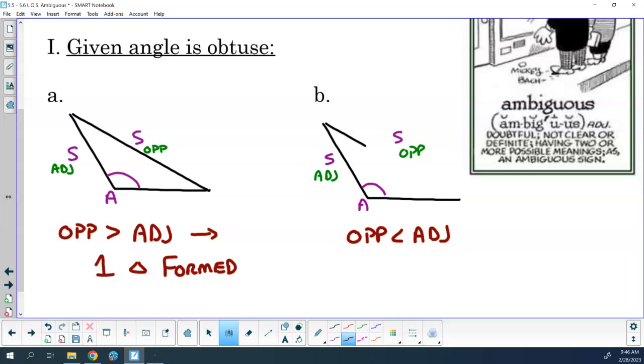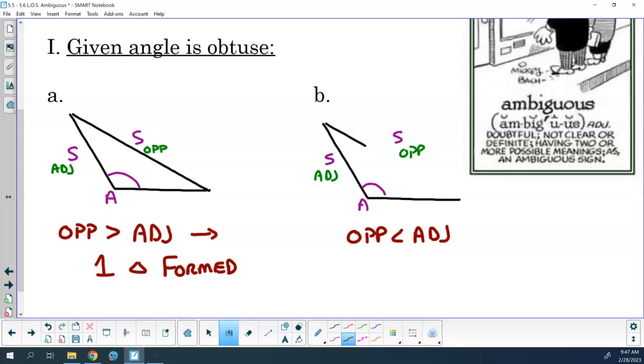First off, can that happen? Why not? Since the obtuse angle will always be the biggest angle, its opposite should be the biggest. Exactly. We just talked about how the smallest side is opposite the smallest angle, and the biggest side is opposite the biggest angle.